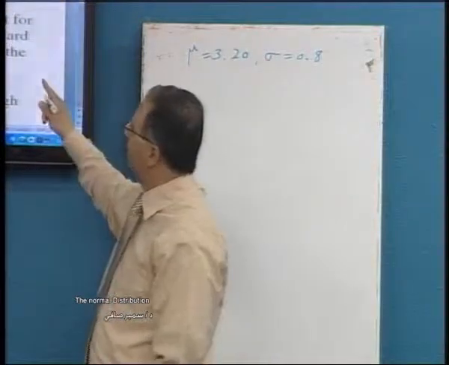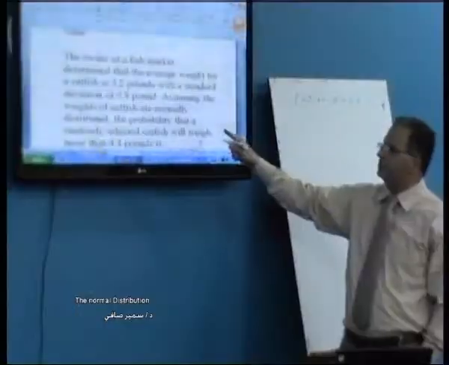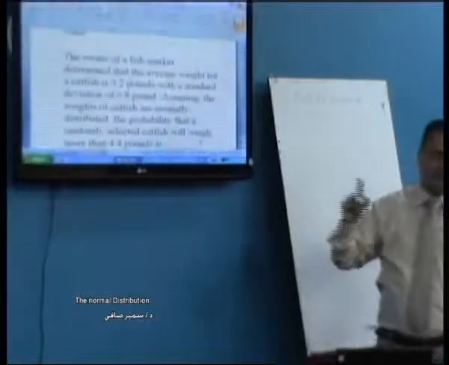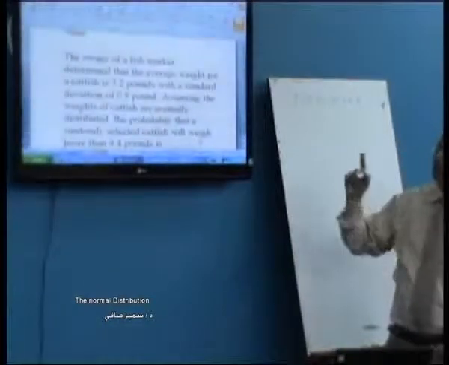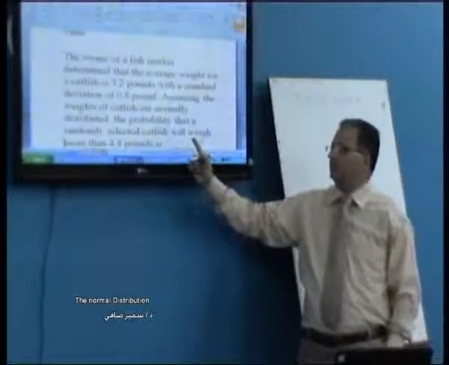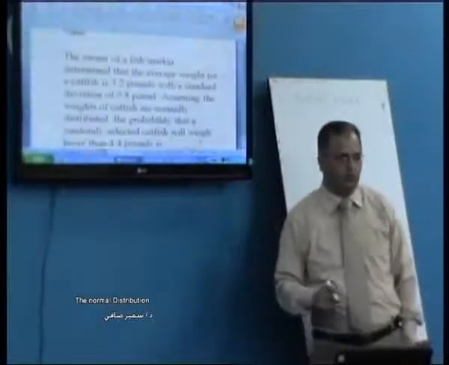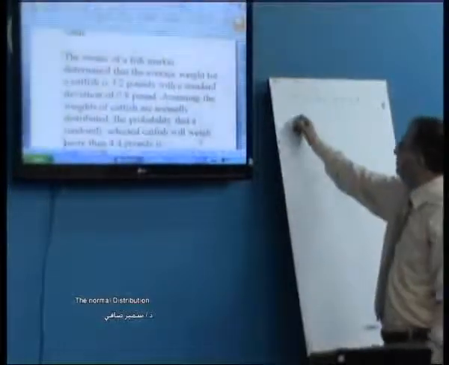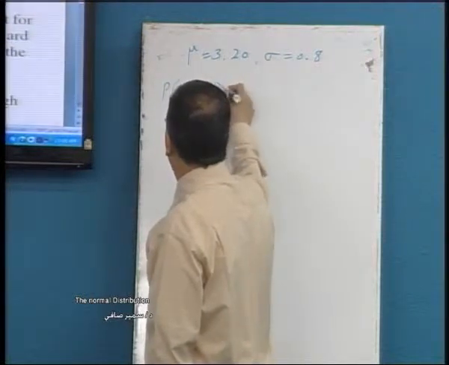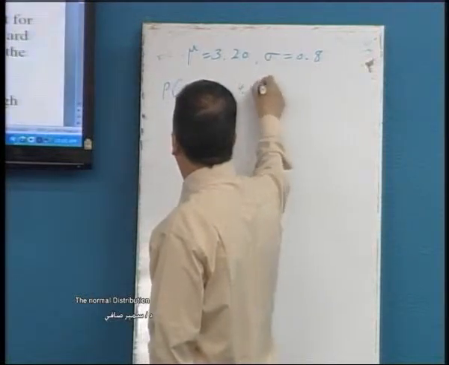Now, assuming the weights of catfish are normally distributed, he asks about what's the probability that a randomly selected catfish will weigh more than 4.4. So, what's the probability of x greater than 4.4?